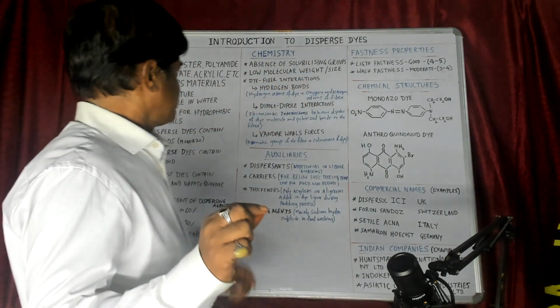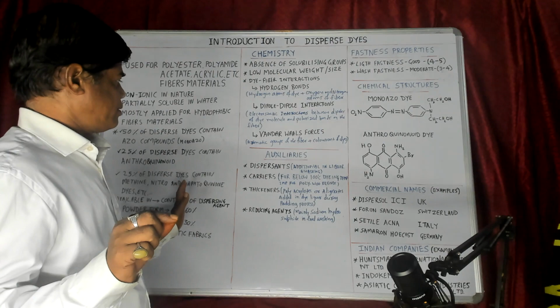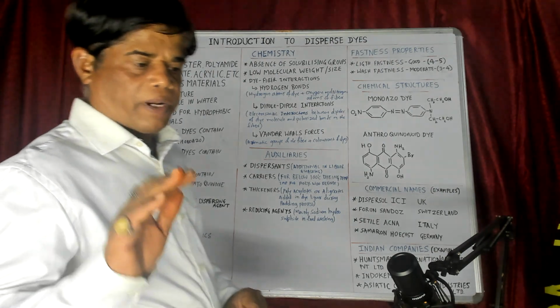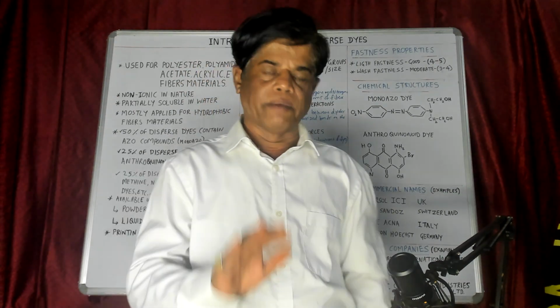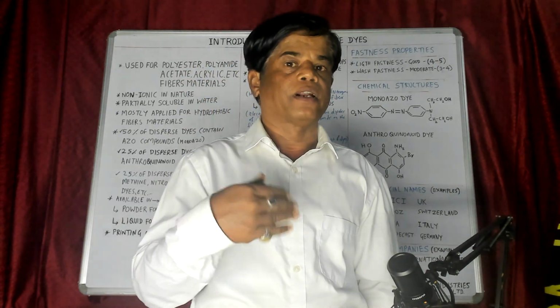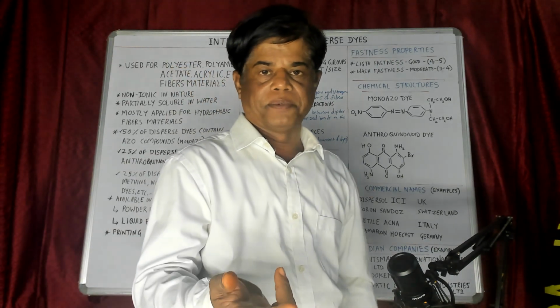This is the introduction of the disperse dyes. Now I will close this video. Now the 17 minute video is over. Part 2, the chemistry part, I will bring in the next video.